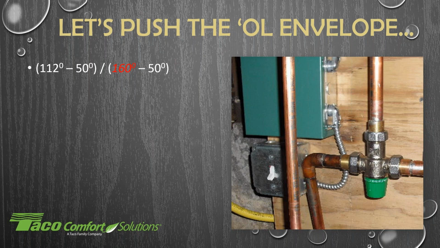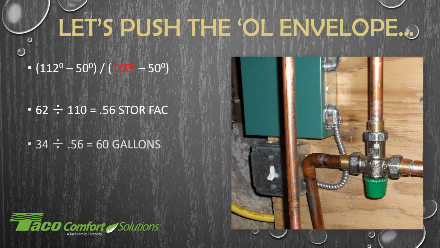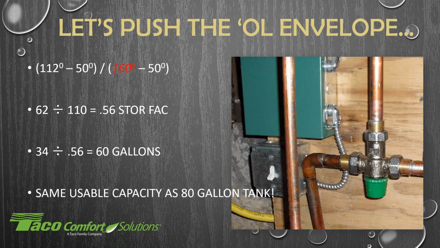So by storing at 160, and let's keep the 112-degree delivery, that's fine. As I do that math and I get a 0.56 storage factor, I then turn around and now I have the usable capacity of a 60-gallon tank, or buying it or installing the amount that would be in an 80-gallon tank that I originally would need.